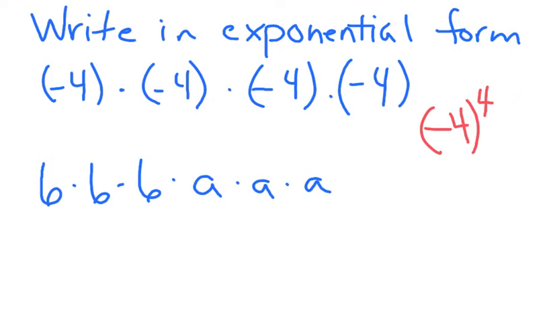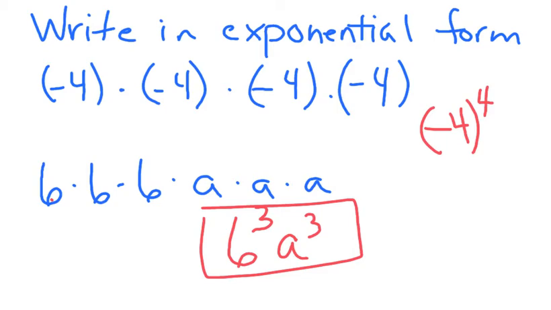This is how you write that in exponential form. And then on the second one, we're going to write the 6 down to the 3rd power because 6 times 6 times 6. That's written in exponential form.